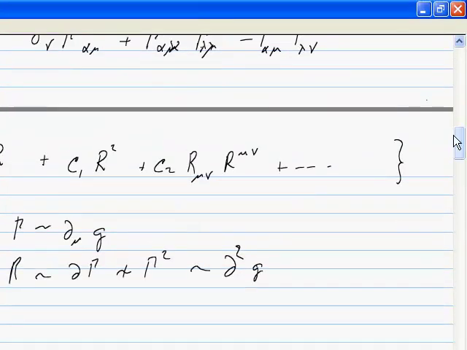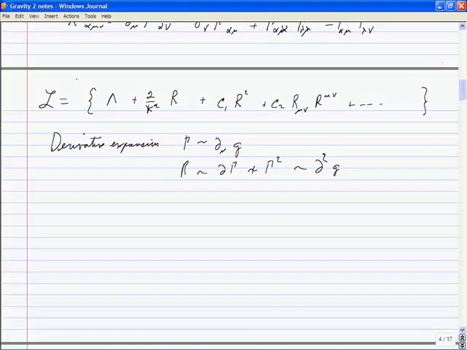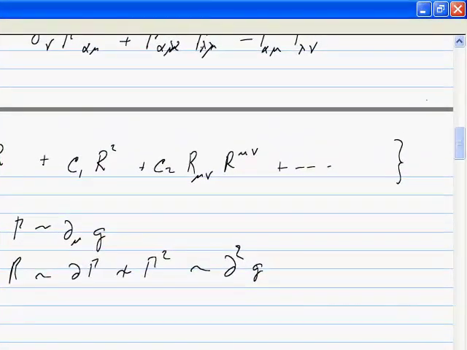And so the Lagrangian that I wrote there is the derivative expansion at low energies. R squared should be small compared to R because it involves two derivatives. R should be small compared to lambda because it involves two derivatives. So logic would tell us that we keep the constant. Let me put a square root of g out in front there to remind you that even the first term has some dynamics associated with it.